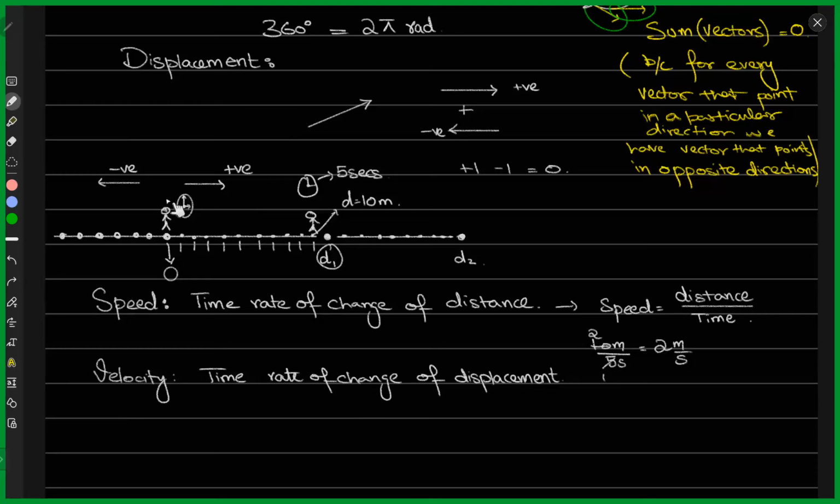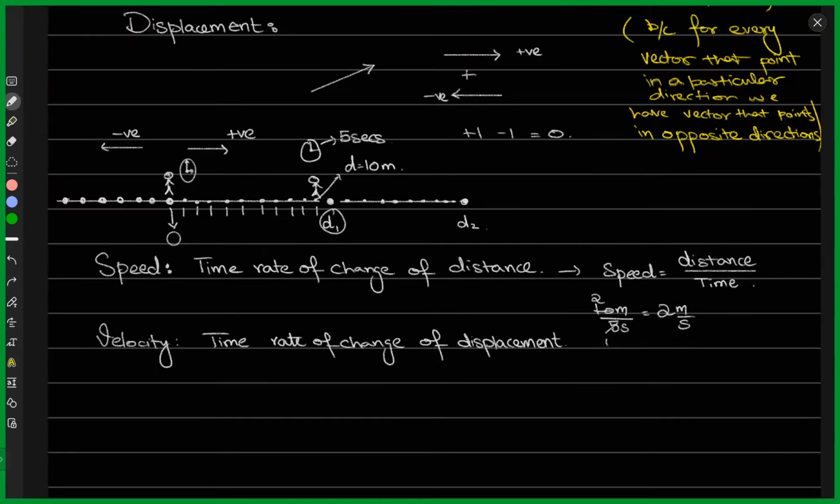If I care whether I'm moving to the right or to the left, then we are talking about velocity. And the rest is the same. So velocity, mathematically, is defined as displacement covered per unit time. So is that clear for everyone? Yes. Okay.